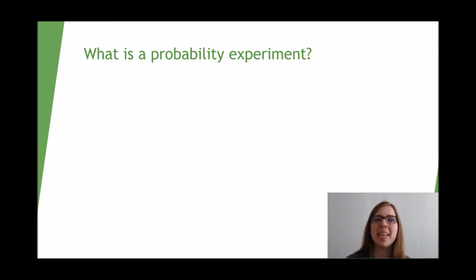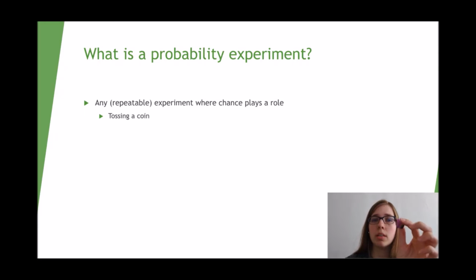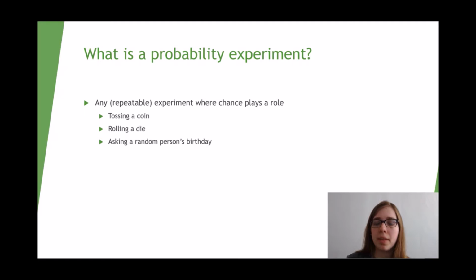But first of all, what is a probability experiment? It is basically anything you can do where chance plays a role, that is completely determined by chance. So, for instance, the obvious ones are tossing a coin or rolling a die, but it can be less obvious as well, like asking a random person their birthday.